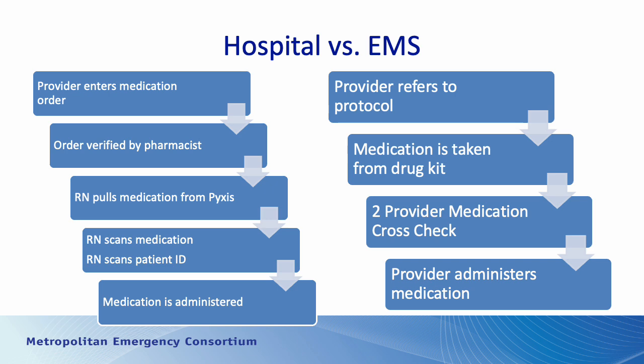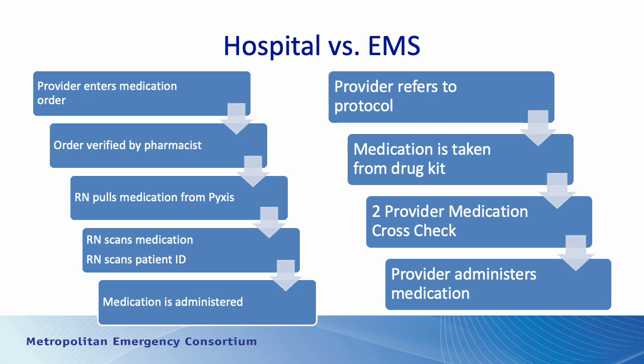That order is then validated or signed off by the provider with their fingerprint. And that order is verified by a pharmacist to make sure that it's a correct order and the medication is appropriately dosed. Once the pharmacist signs off on the order, the nurse can then pull the medication from Pyxis.